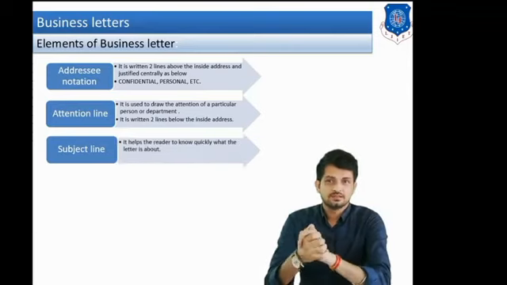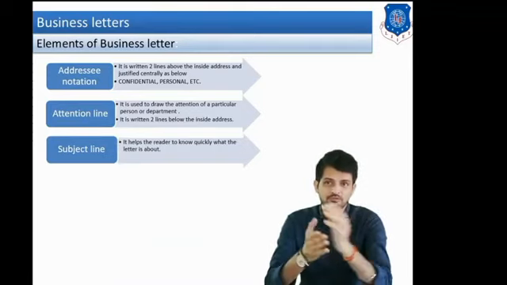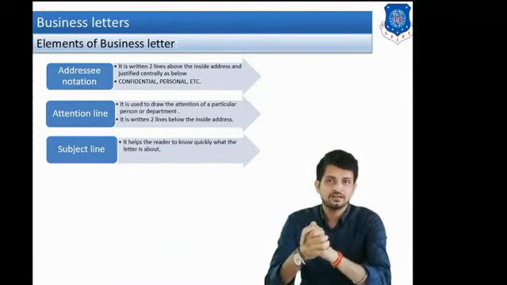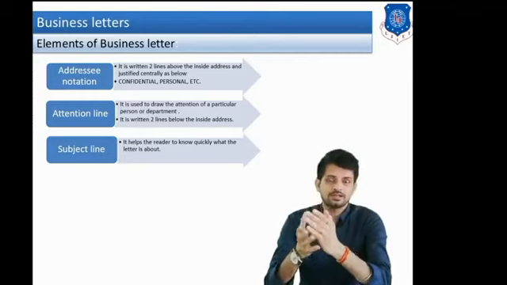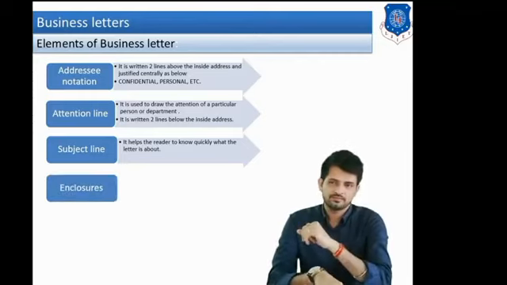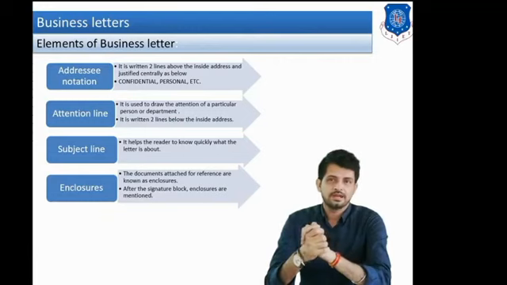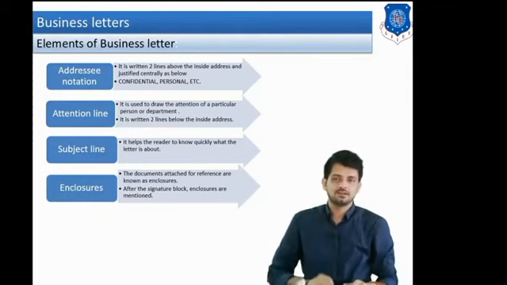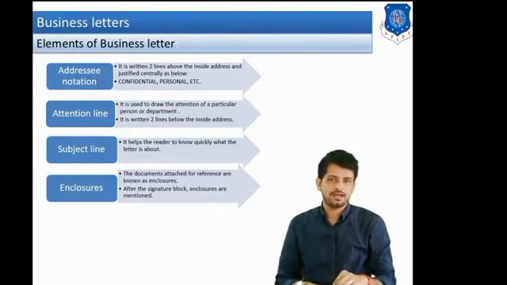Then subject line, it helps the reader to quickly know what the letter is about, the contents of the letter. The main purpose of writing the letter is given in the subject line. It is not compulsory to write the subject line. Then comes the enclosures. Whenever you are attaching some reference documents, then you have to also show the enclosures.